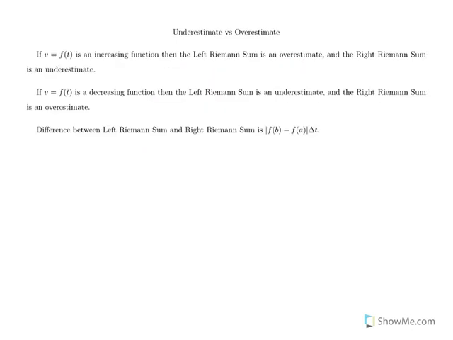So note that if our velocity function is an increasing function, right? So let's think about if v is increasing, that means it's going up from left to right. The left Riemann sum from A to B is going to be an underestimate.